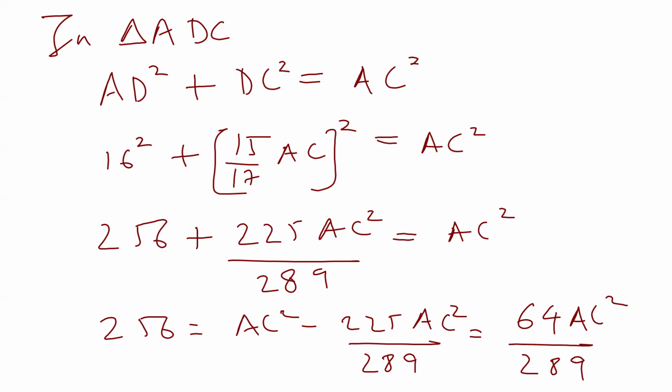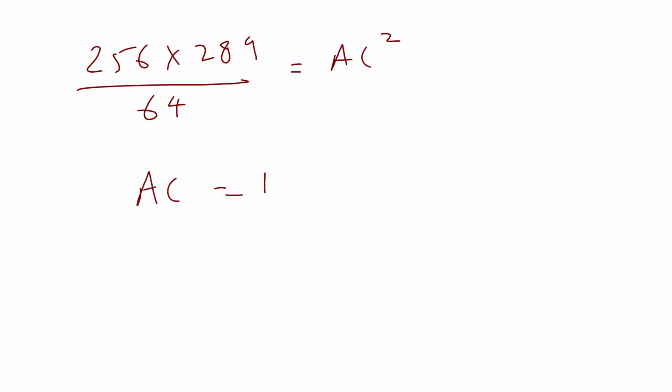AC square is equal to 256 into 289 upon 64. So AC will be 16 into 17 by 8. So we got the value of AC as 34.